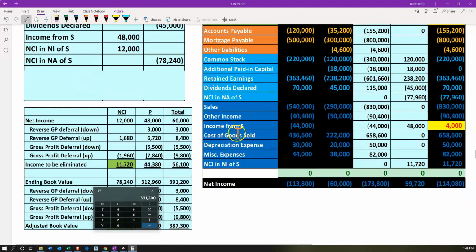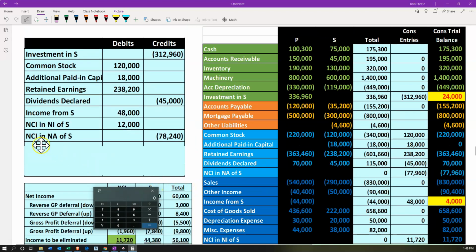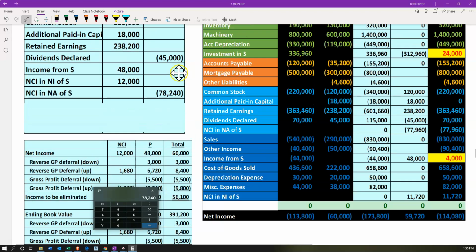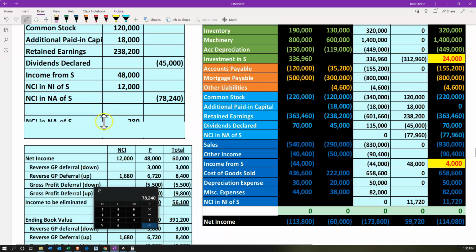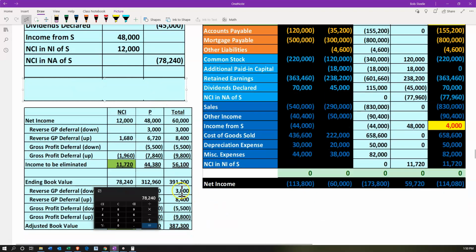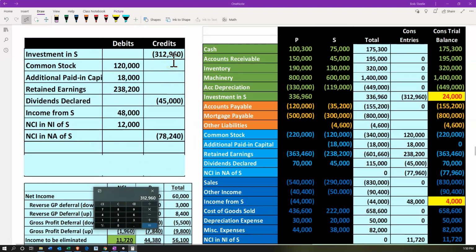That gives us the 391,200, which you can see in our worksheet here. If I multiply that times the non-controlling interest, which is 20%, 20% times the 391,200 is going to give us 78,240, and then the other side of it being up here in the investment account. If I took that same net assets amount, 391,200, times the controlling interest times 0.8, that's going to be our 312,960.